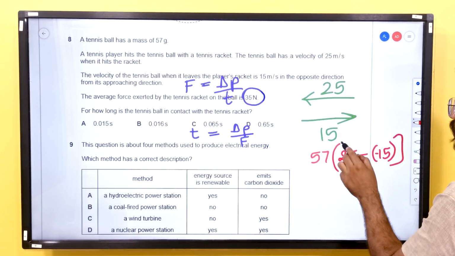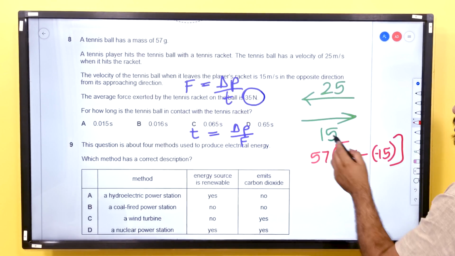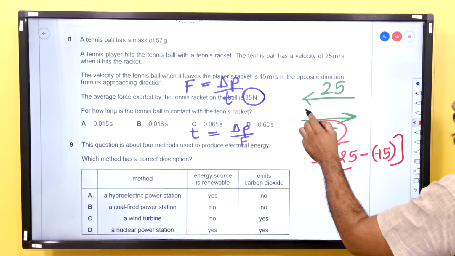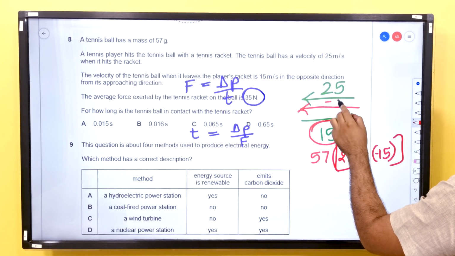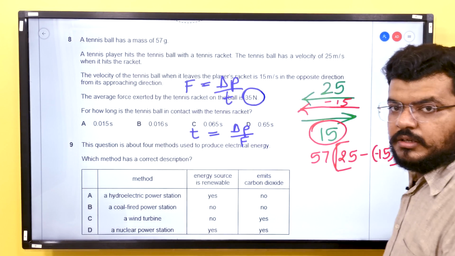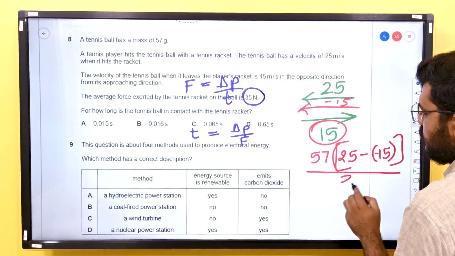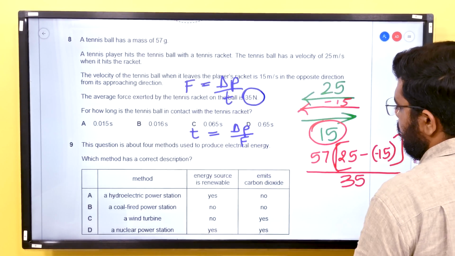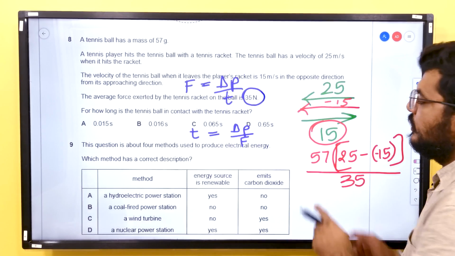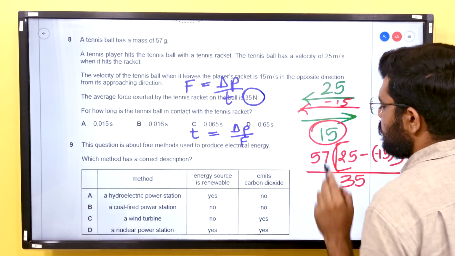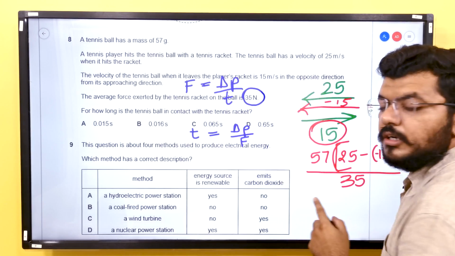Why? Because velocity is a vector. So this velocity, if taken in the same direction, is minus 15, right? Divided by force, which is 35. Now remember that this 57 is in grams, so we must make it into kilograms.